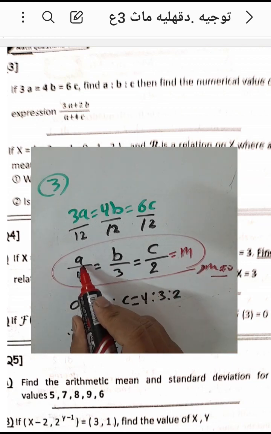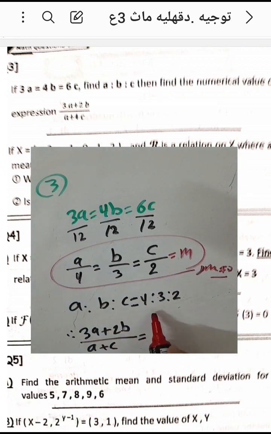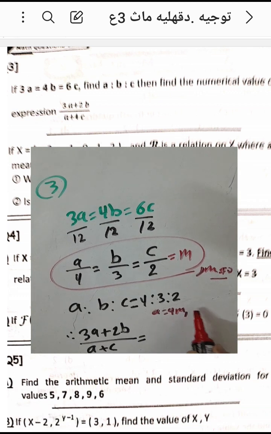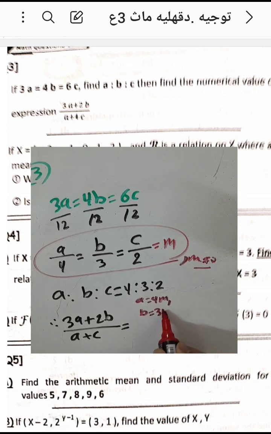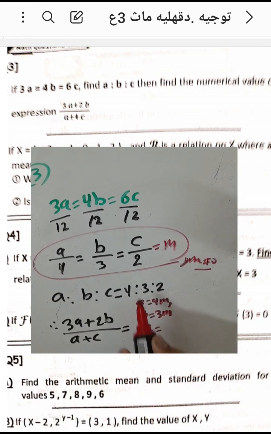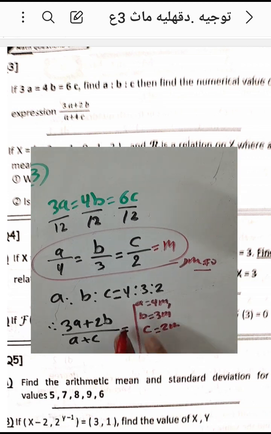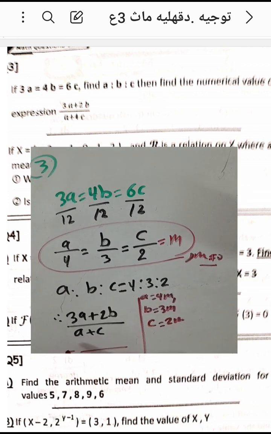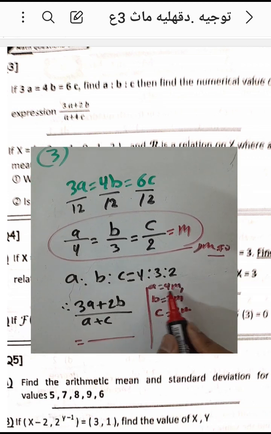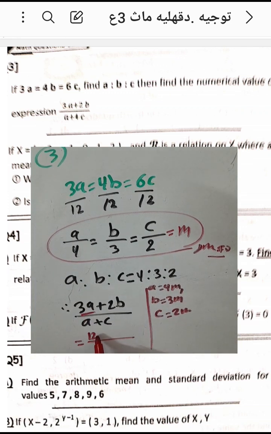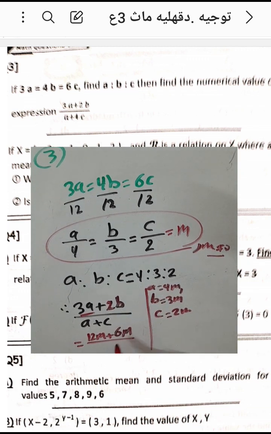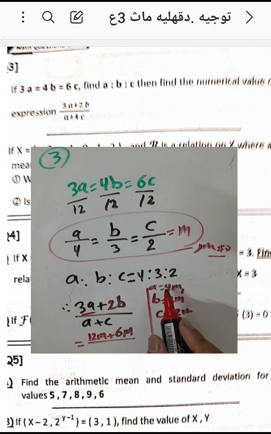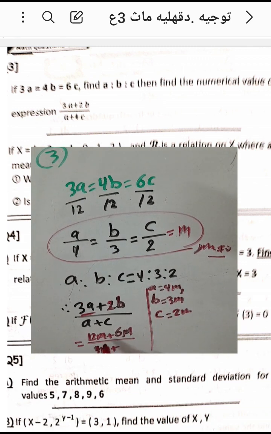Then a will be 4m, and b equal 3m, and c will be equal to m. Then the value of this expression: 3 multiplied by a equal 4m, 3 times 4 will be 12, 12m. 2 times b equals 3m, 3 times 2 equals 6, result will be 6m, and a equal 4m plus c equal 2m.